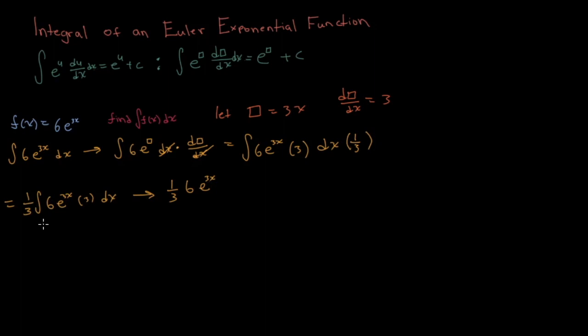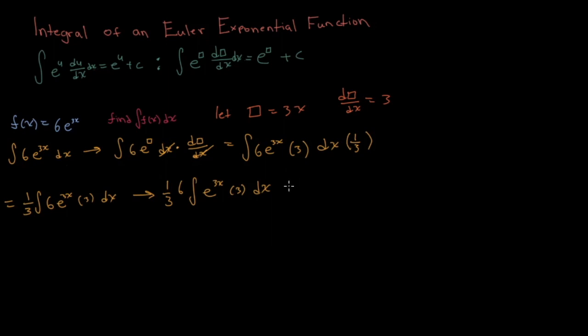Actually, let me do that, because that makes more sense and this is not in the right form quite yet. So it's 1 over 3 times 6 times the integral of e to the 3x times 3 dx. Now this integrand is in the right form, while this expression still equals the original.